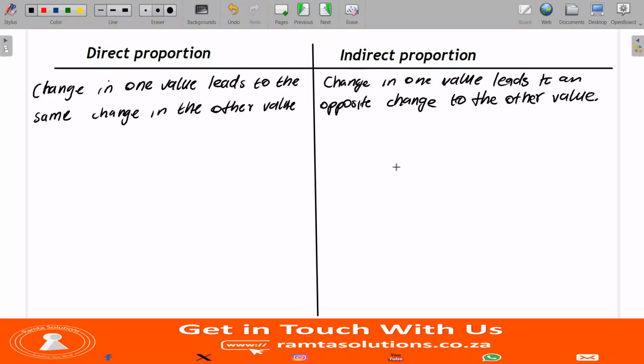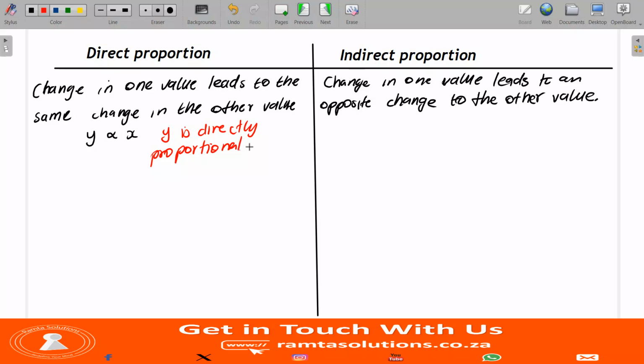Let's say we're looking at values y and x. With this one, we are saying y is directly proportional to x. I will write it in red. Y is directly proportional to x.